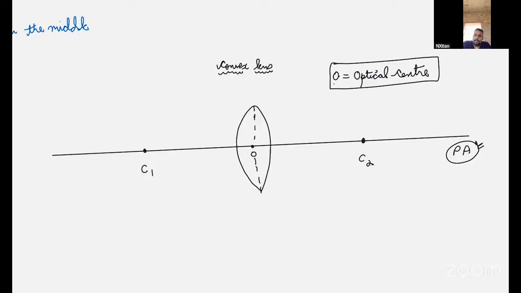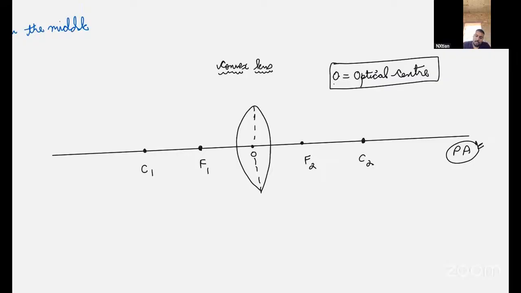Okay. Now listen guys. Of course, two centers, the same as the mirror. We will have focus. So here this will be F1 and this will be F2. Focus is the midpoint. Now listen guys, one important thing which I am trying to say.